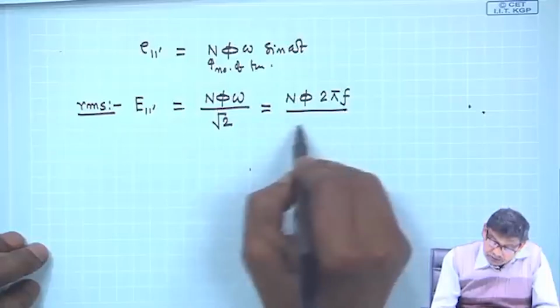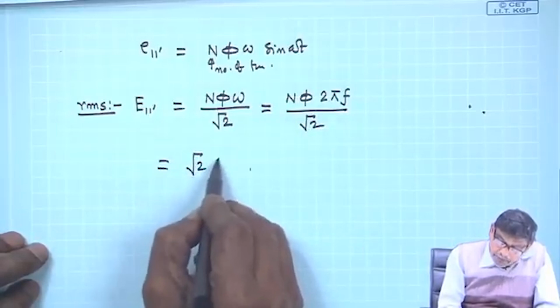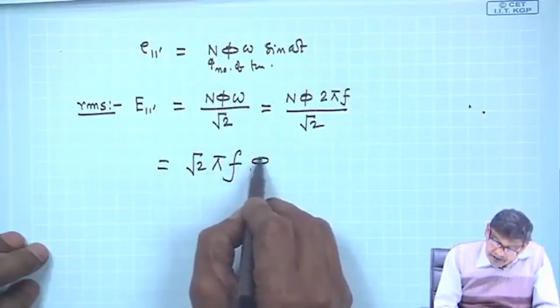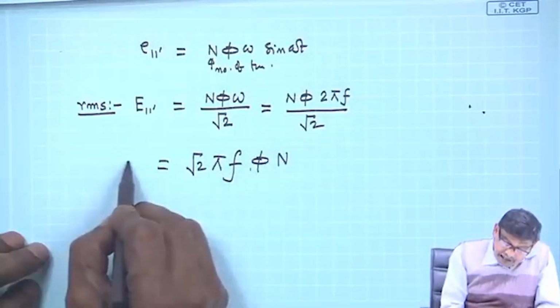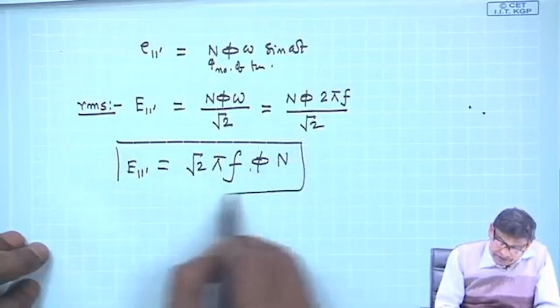So, it will be equal to root 2 pi f phi into N, an expression which is similar to that of a transformer.